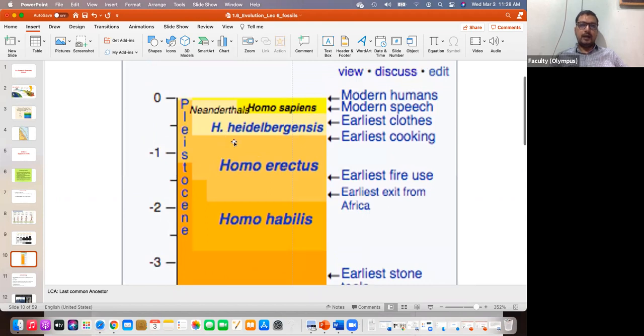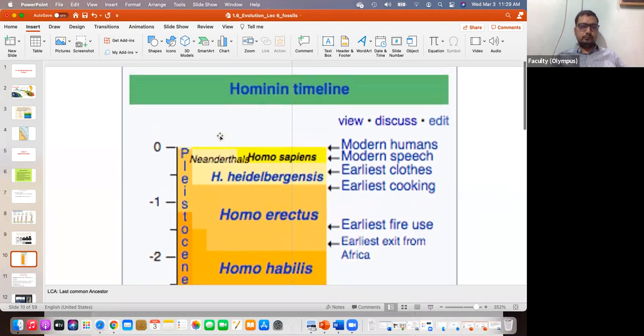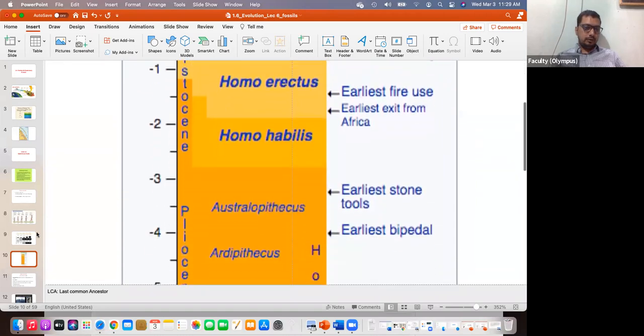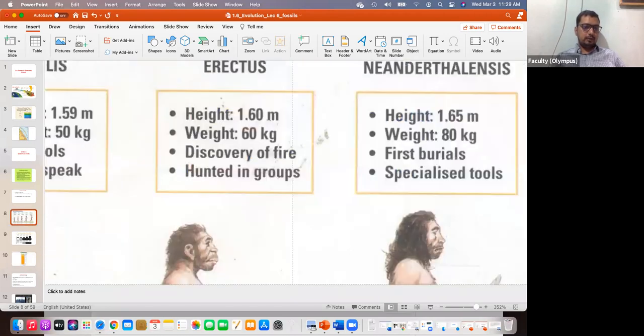And then Homo heidelbergensis, cooking, clothing, other forms of culture, burials, we talked about those kind of stuff here. And led to the modern speech, modern languages, etc. between Neanderthals and Homo sapiens. Okay, these two images will give you a broader view.